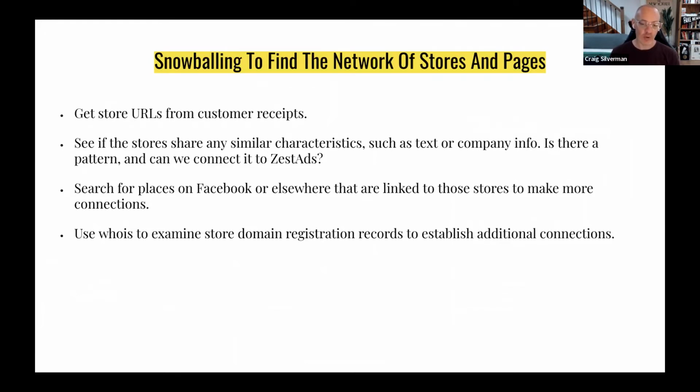And then because I know that people are telling me they're buying these masks on Facebook, I need to see if I can find more Facebook pages linked to these stores, linking back to Zest ads. So get the receipts, find the store websites, analyze the websites, see if I can find more Facebook pages for them. And then of course, I'm going to do searches to see who is the owner of these store websites. So that's kind of the plan, okay?